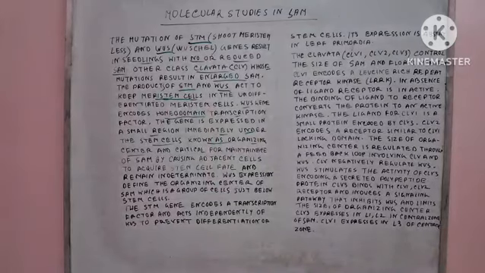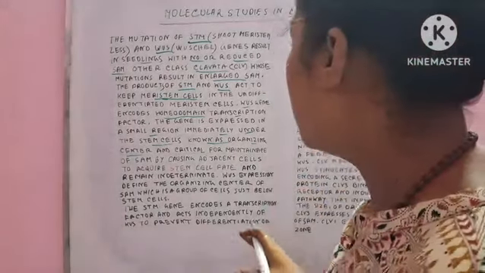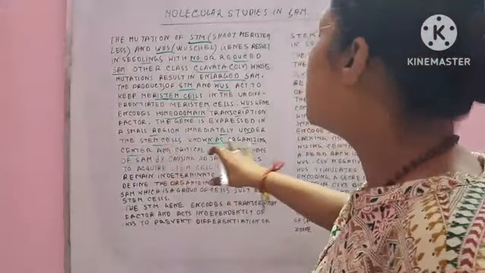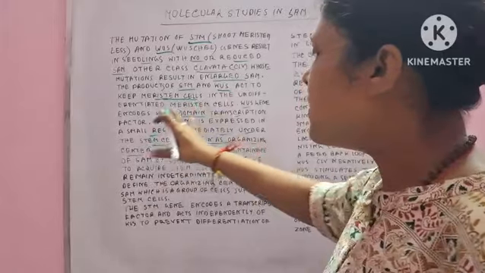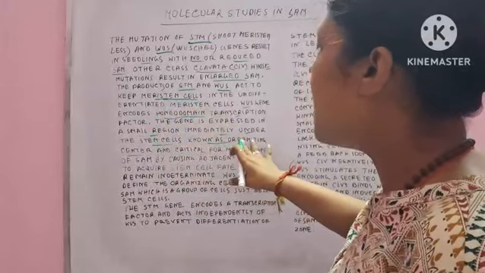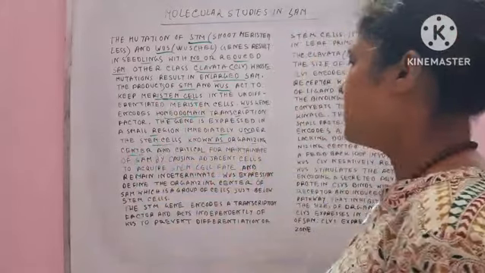So where is WUS expression seen? Under the stem cells, and this specific region is known as the organizing center. And this is very important.